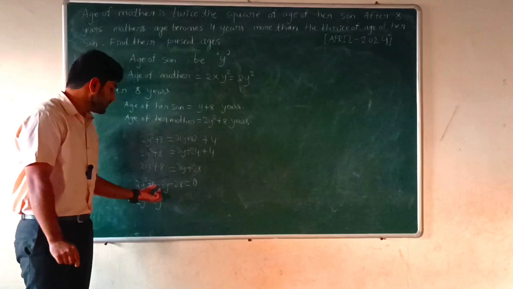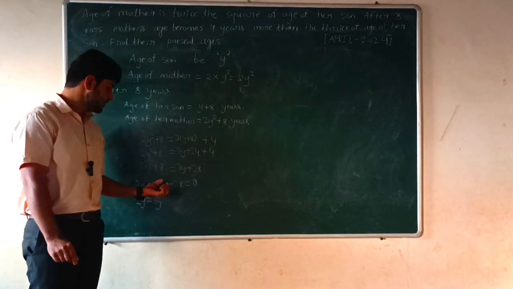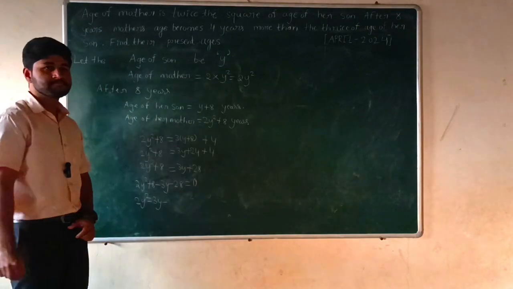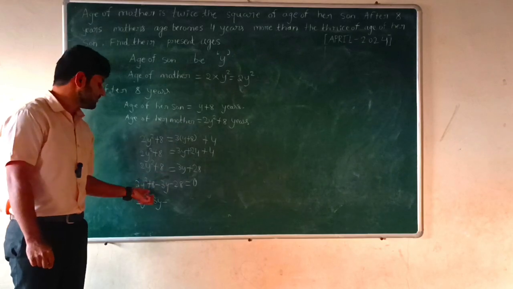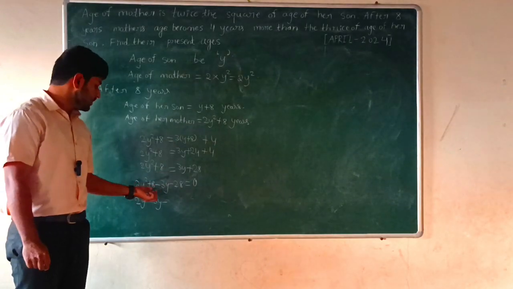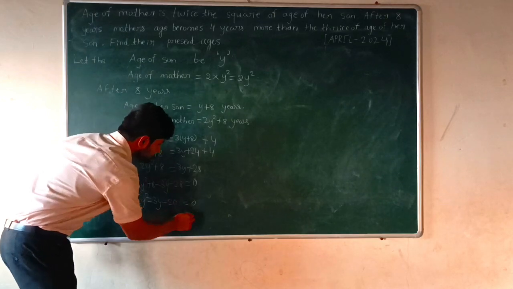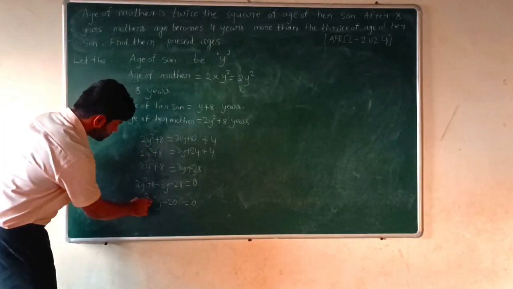You can observe that between plus 8 and minus 28 the greater number is 28, so the sign is going to be minus, negative, and to write the number here, 28 minus 8, we have to subtract 8 from 28, that is 20, must be equal to 0.